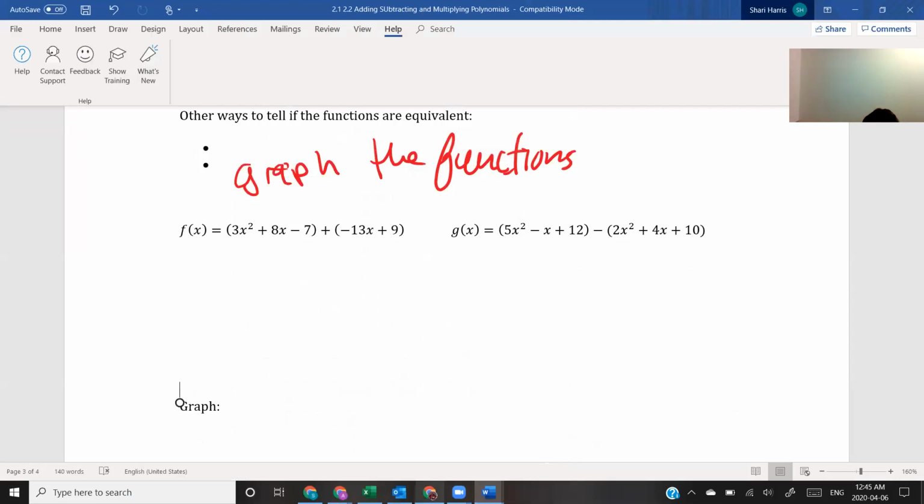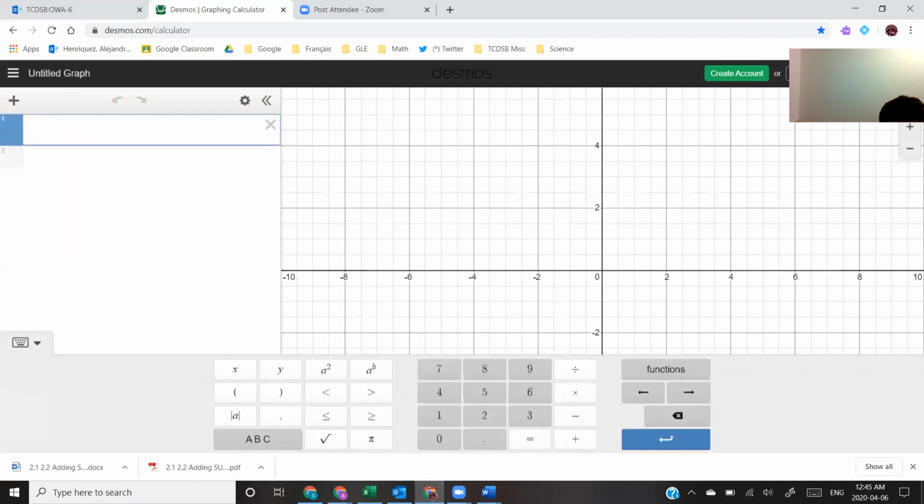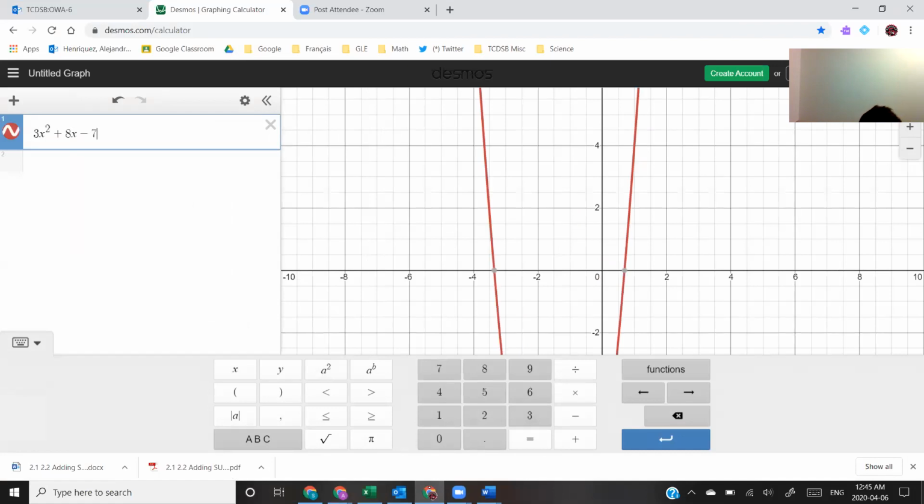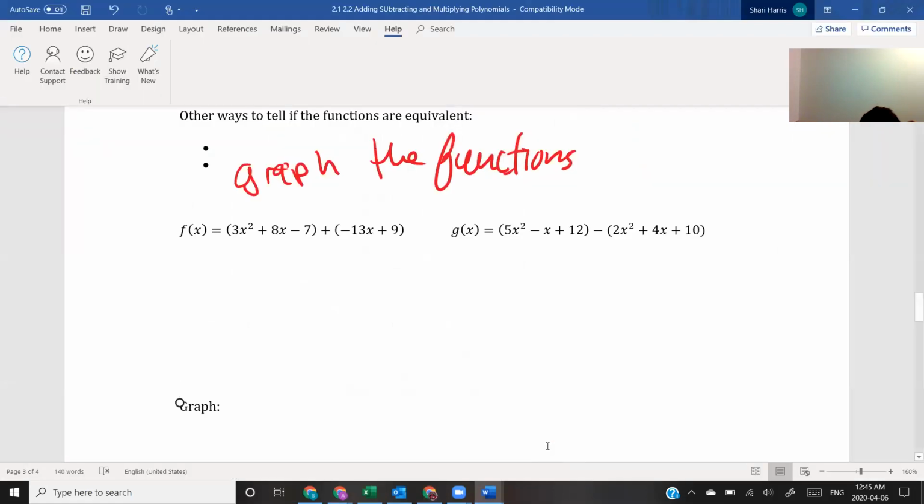So 3x squared plus 8x minus 7, minus 13x plus 9.